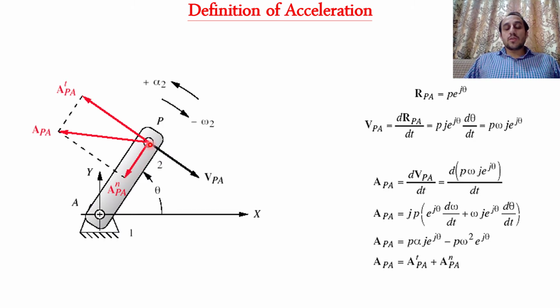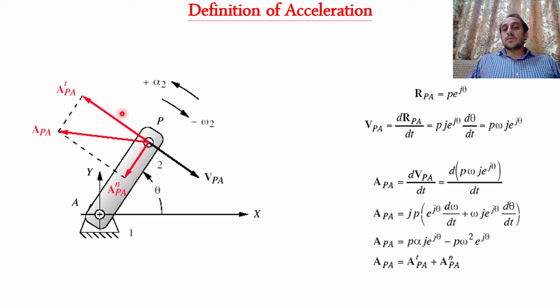So what about the direction of the tangential component? So this one depends on the rate of change of angular velocity. ठीक है जी. So if we have the rate of change of angular velocity positive, so what will happen?